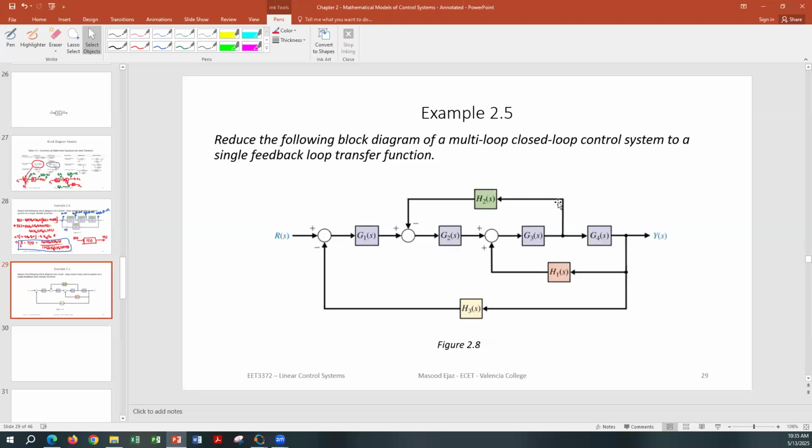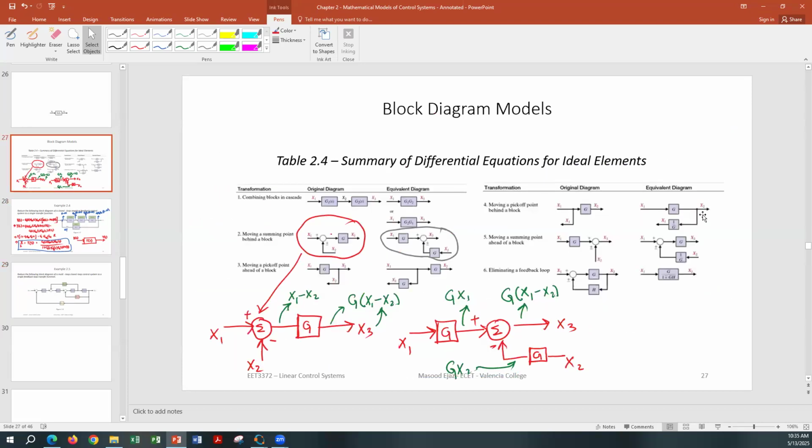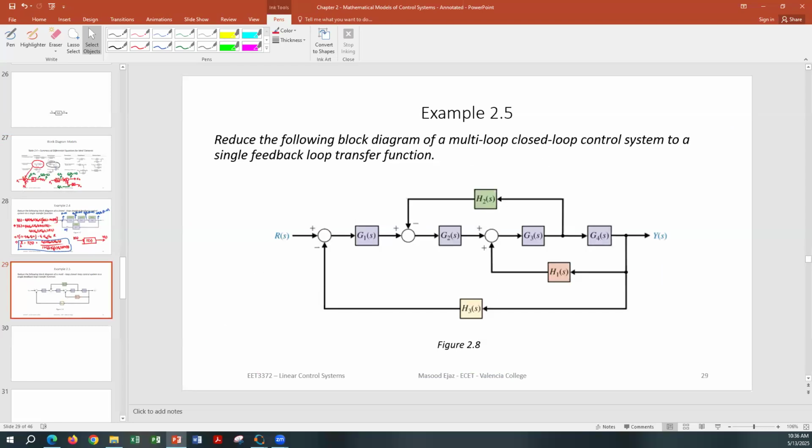So if you're moving this point behind G4, in the feedback loop we're going to multiply by the gain 1 over G4. So again, we are using point number 4 over here, moving a pick-off point behind a block. So you multiply by the gain 1 over G4 in the feedback loop. So let's do that.